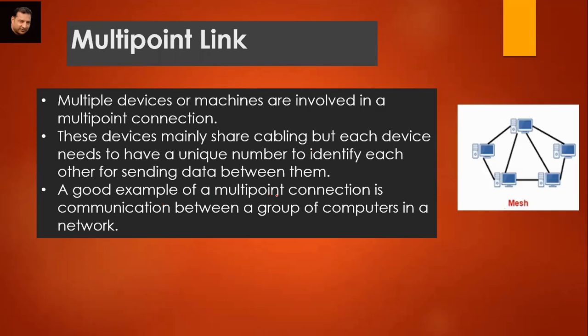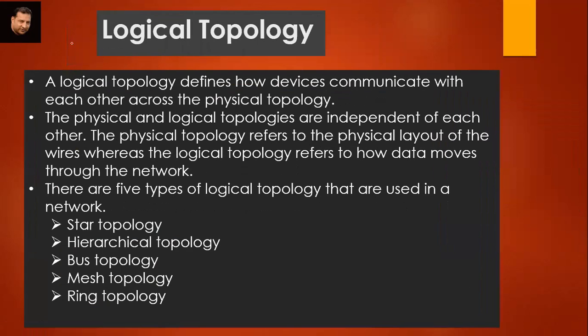A good example of multi-point connection is communication between a group of computers in a network. See, this can be an example of multi-point link in which various computing devices can be connected with multiple machines. So these were physical topologies.